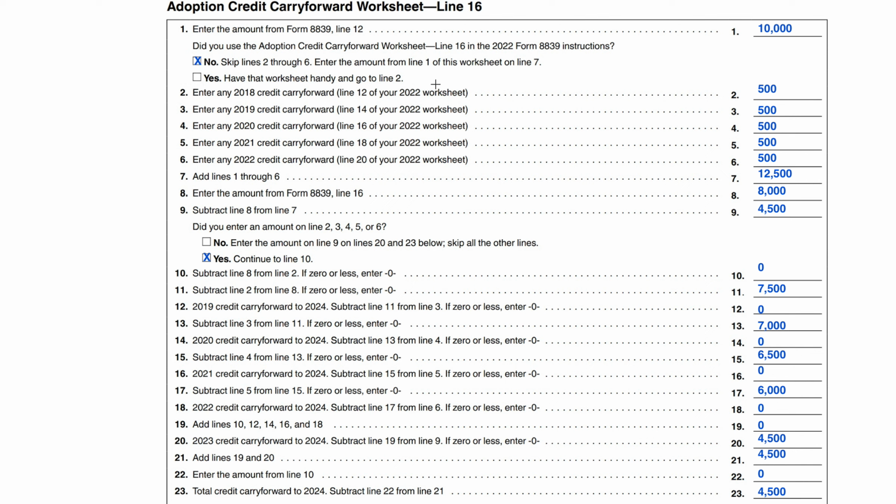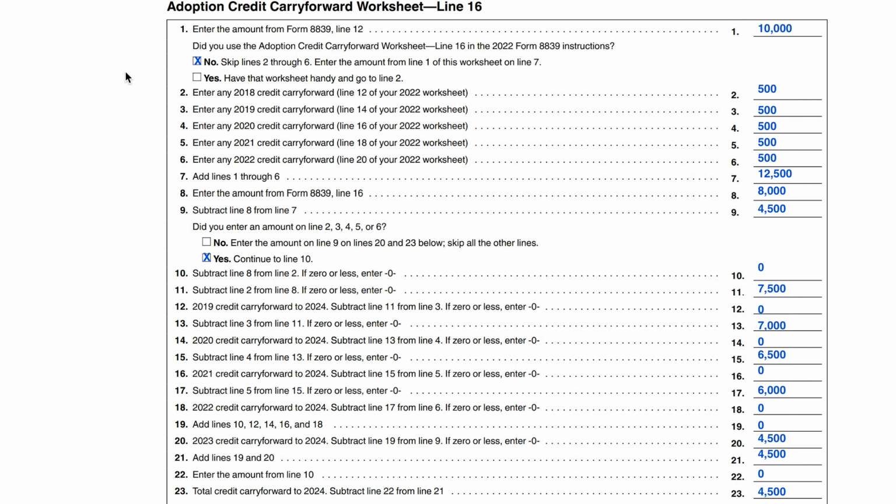We go through, did you use the adoption credit carry forward worksheet from the prior tax year? If not, then you skip all of the carry forwards from the prior year, and then you just go forward from line 7 here.